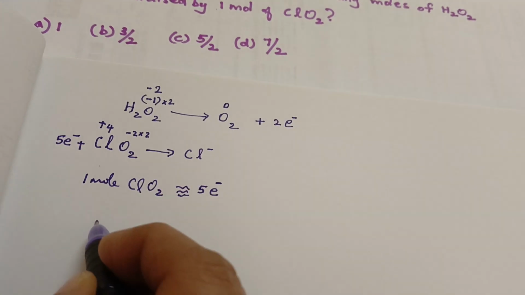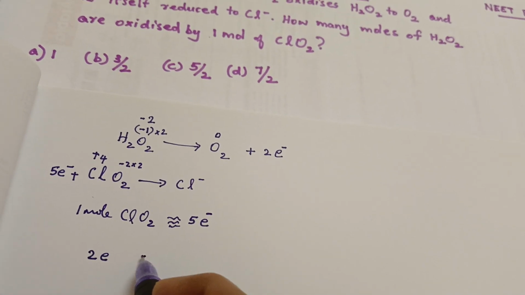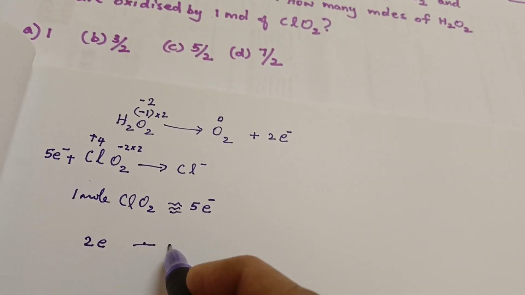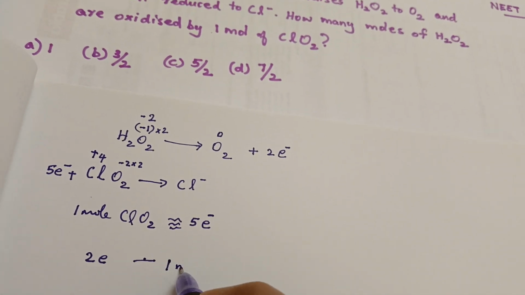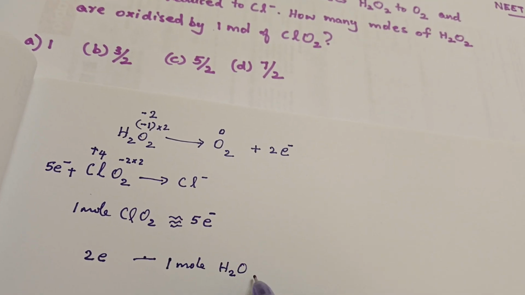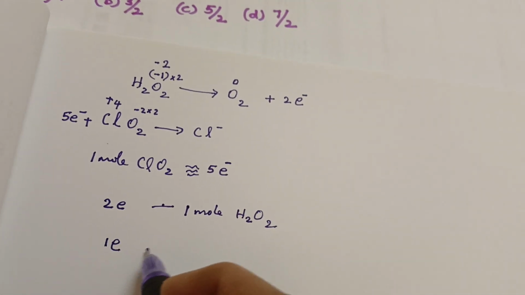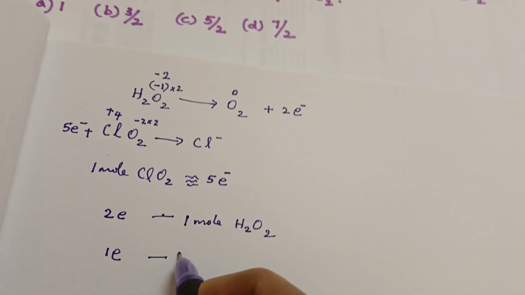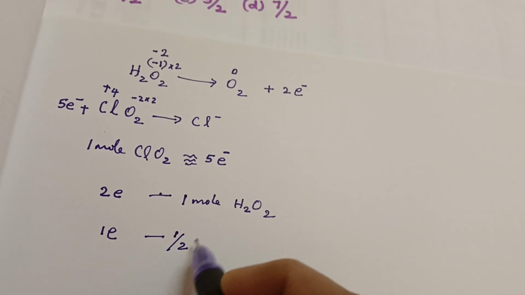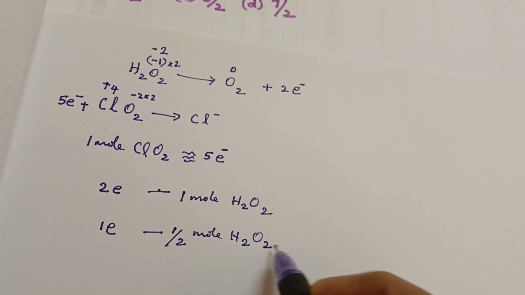So 2 electrons are involved in the oxidation of 1 mole of H2O2, or hydrogen peroxide. So 1 electron will be involved in the oxidation of half mole of H2O2.